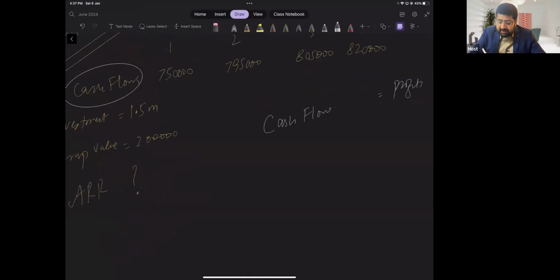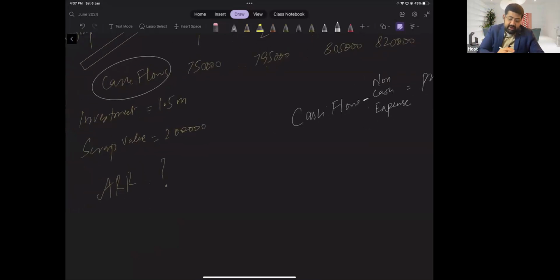Students, from the cash flow, we deduct non-cash expense. Cash flows are only cash in and out. Non-cash expense, depreciation, amortization, is not deducted from it. So we deduct that. And what do we get? Profits. So just see here. Here, non-cash expense is total depreciation.